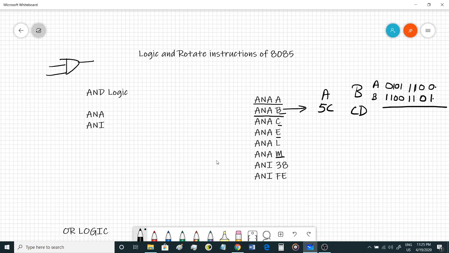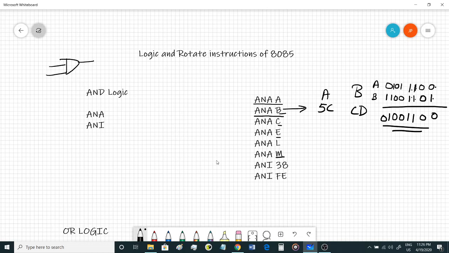So 0 ANDed with 1 is 0, 0 with 0 is 0, 1 ANDed with 1 is 1, 1 ANDed with 1 is 1 again, 1 with 0 is 0, 0 with 0 is 0, 1 ANDed with 1 is 1, 0 ANDed with 1 is 0. The result is 0011 0010, and this will be stored in your accumulator, which is the A register.